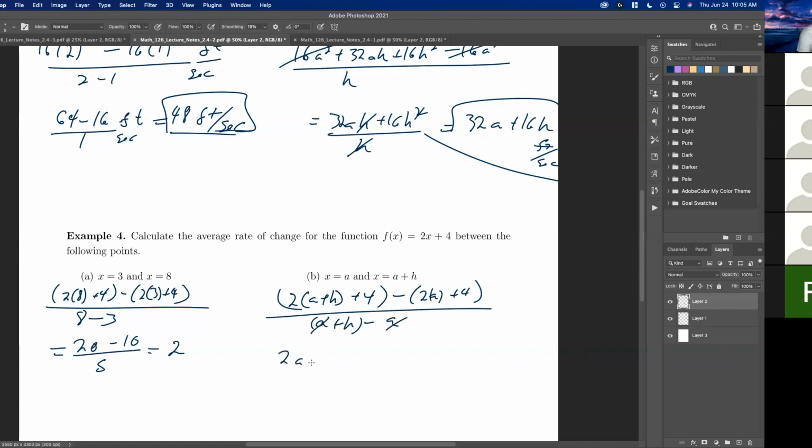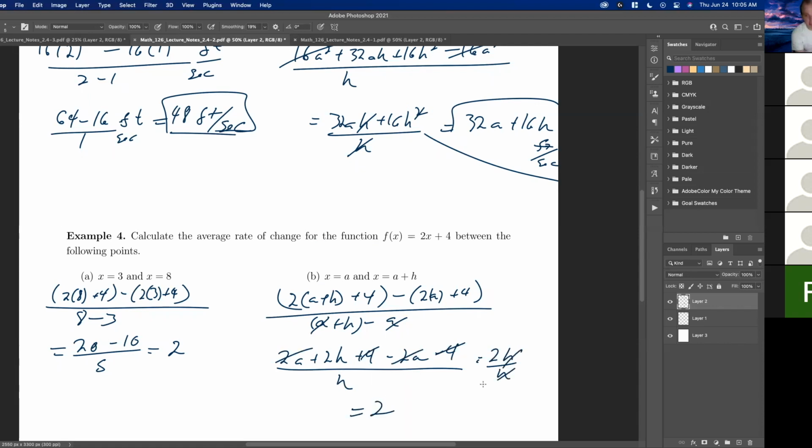So we have 2A plus 2H plus 4 minus 2A, carry in the negative, minus 4, all over H. Here we can cancel out the 2A's, we can cancel out the 4's, and then we're only left with 2H over H. Cancel that out, and we get 2.